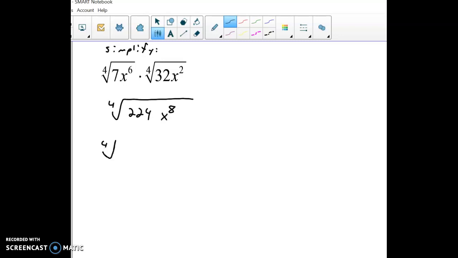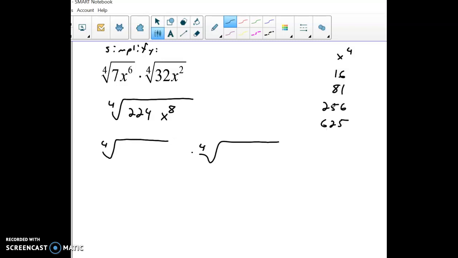All right, so now I want to break it apart into a perfect fourth power and a non-perfect part. For 224, I've got to find a perfect fourth power that divides it. Normally, I have this chart on the board, but my fourth powers were, let's see, 16, 81, and then I think 4 to the fourth is 256, and 5 to the fourth is like 625.